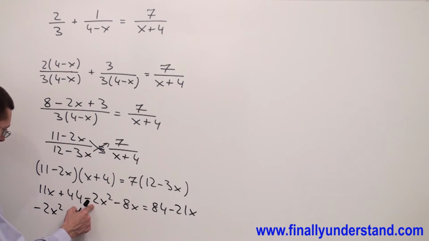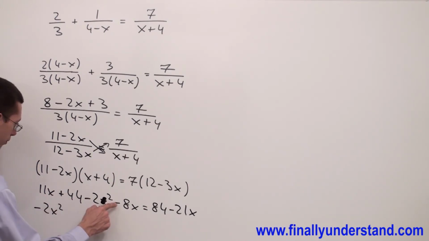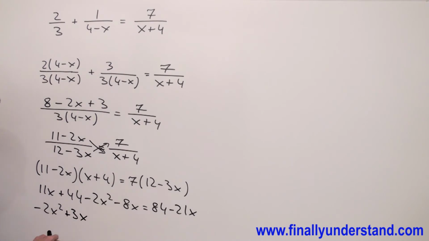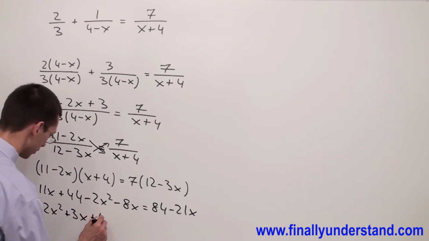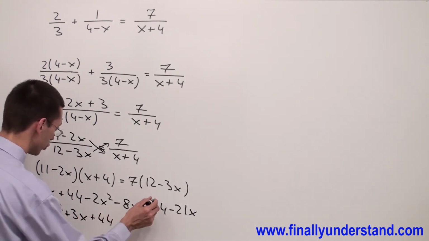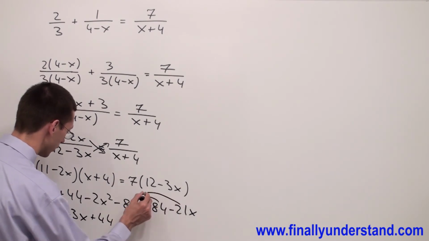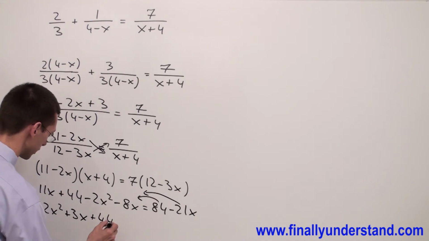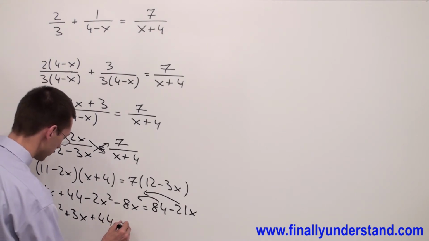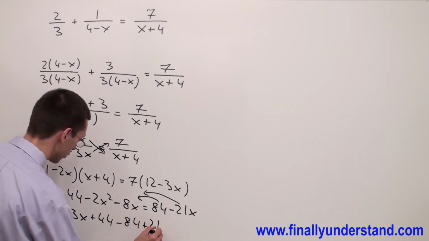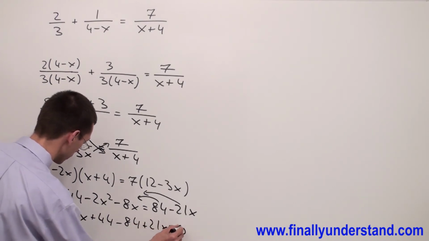Now let's organize the left side, and we have negative 2x squared. I just copy this down, and I have 11x minus 8x, which is equal to 3x, plus 44. I'm going to move 84 and negative 21x to the left side. That's why I'm going to have negative 84 plus 21x equal 0.